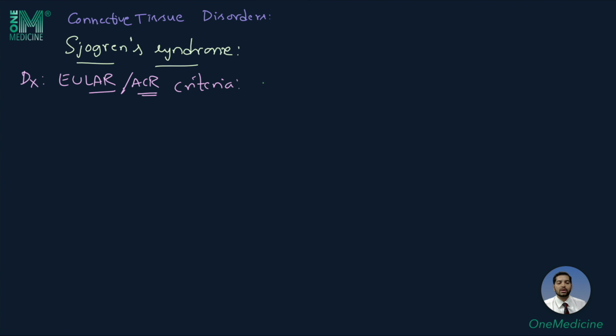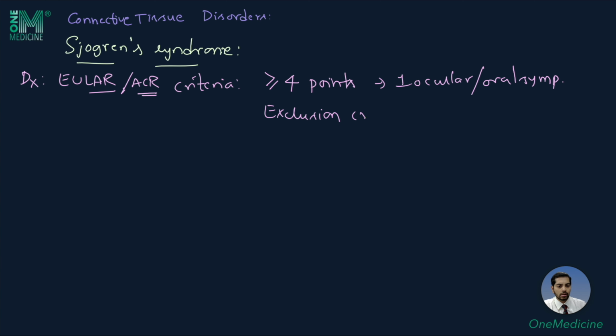For the patient to be diagnosed as Sjogren syndrome, patient should have more than or equal to 4 points with at least one ocular or oral symptom, and the patient should not have any exclusion criteria factors.